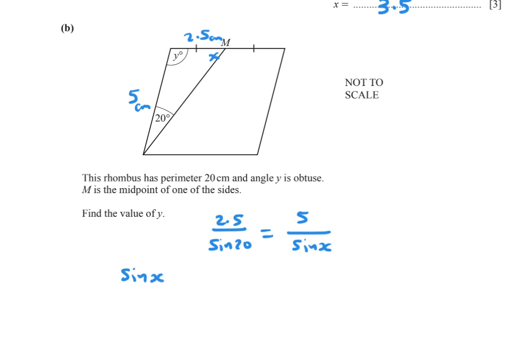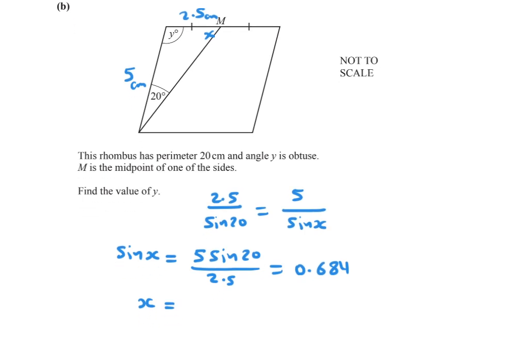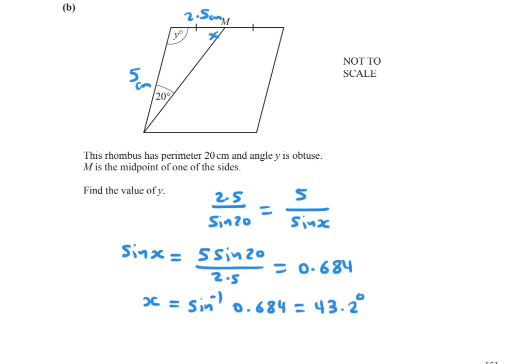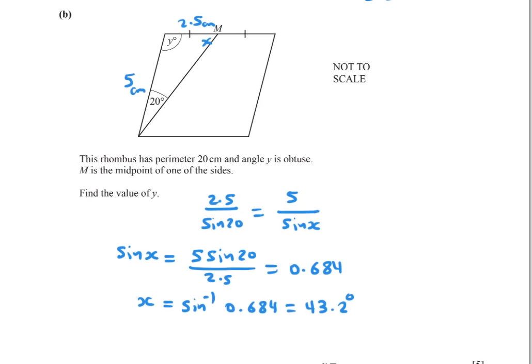Sine x equals 5 sine 20 divided by 2.5, which equals 0.684. Now we can find x itself. Sine inverse of 0.684 equals 43.2 to 1 decimal place.